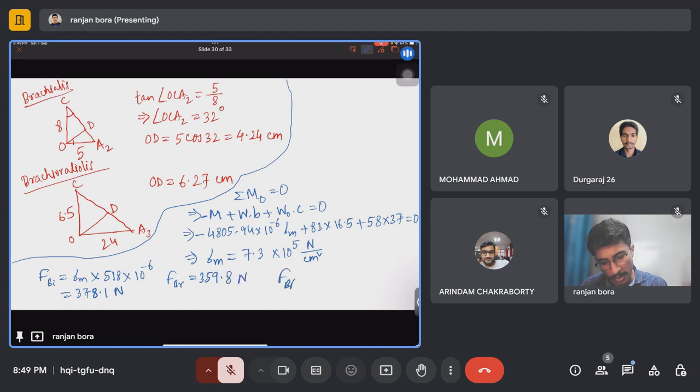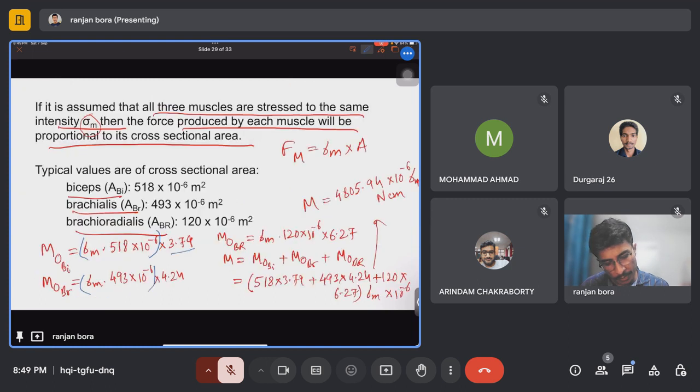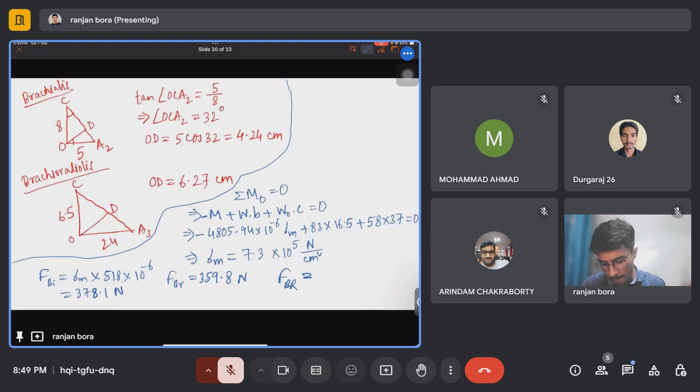And for brachioradialis, this is 120, and we get 87.6 Newton.